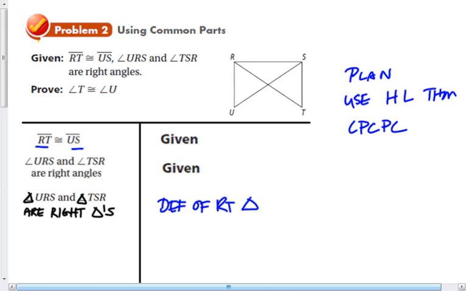I just need one leg that's congruent. And you can see that if I drew out these two triangles, that one and this one, I have a common side that's RS. So we can just say RS is congruent to RS, and that's by the reflexive property of congruence.